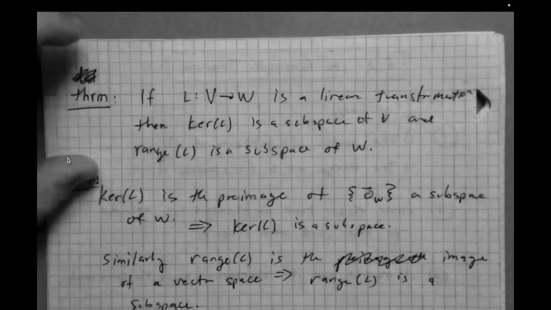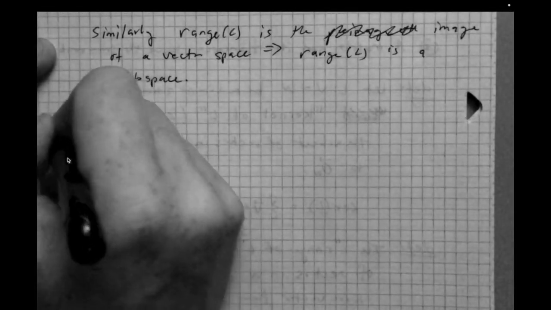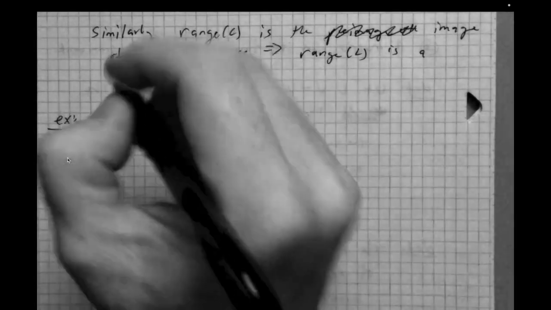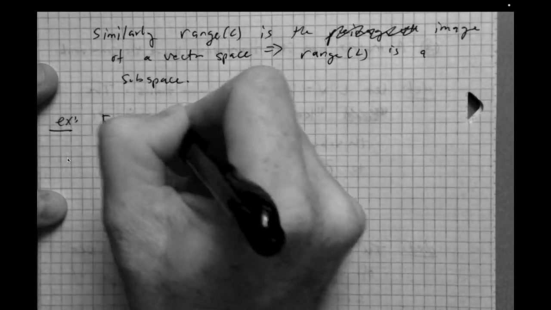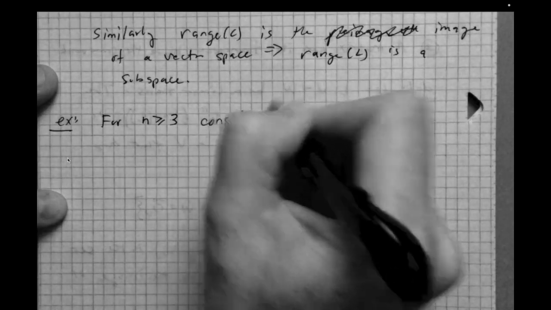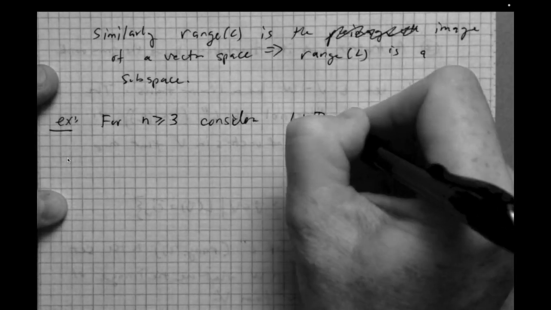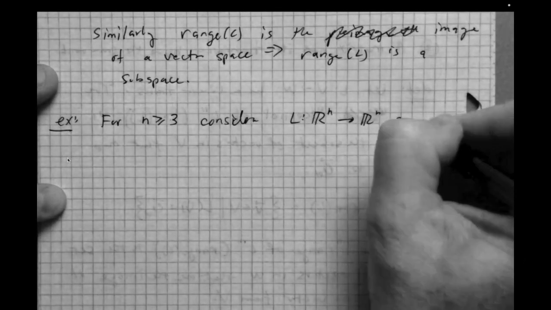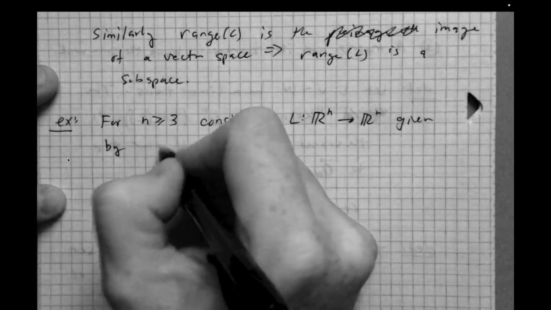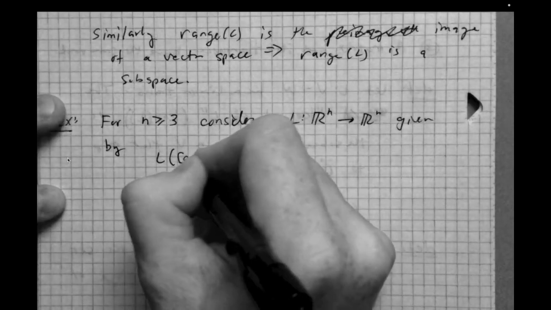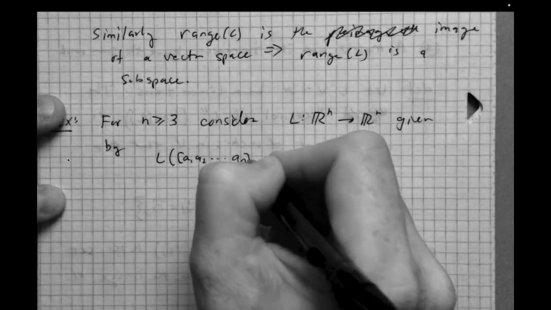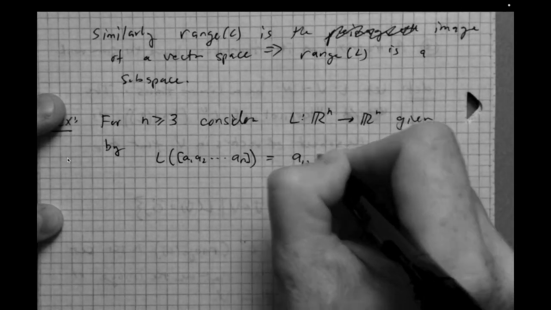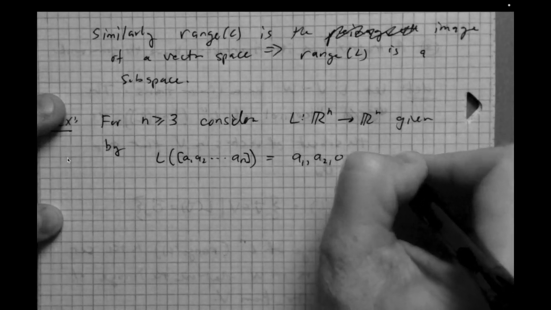All right, so let's do an example. Let's make sure we understand what's happening here. Examples are key. You get a definition and a theorem, you better ask for an example next. Let's say for n greater than or equal to 3, we consider the linear transformation from Rn to Rn given by L of the n-vector (a1, a2, ..., an) equal to (a1, a2, 0, 0, ..., 0).